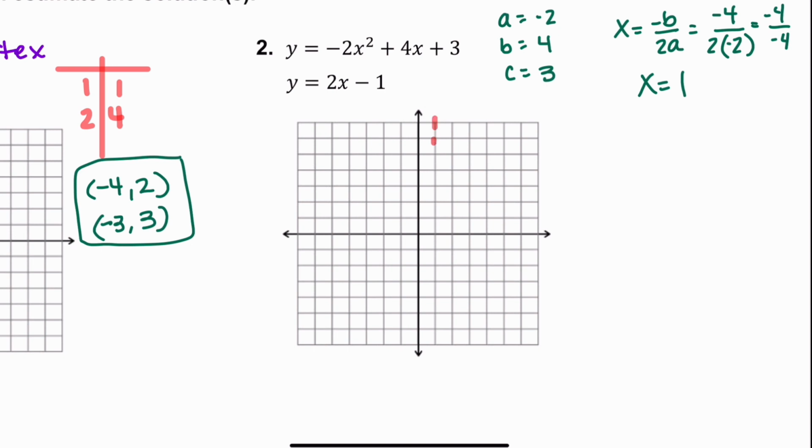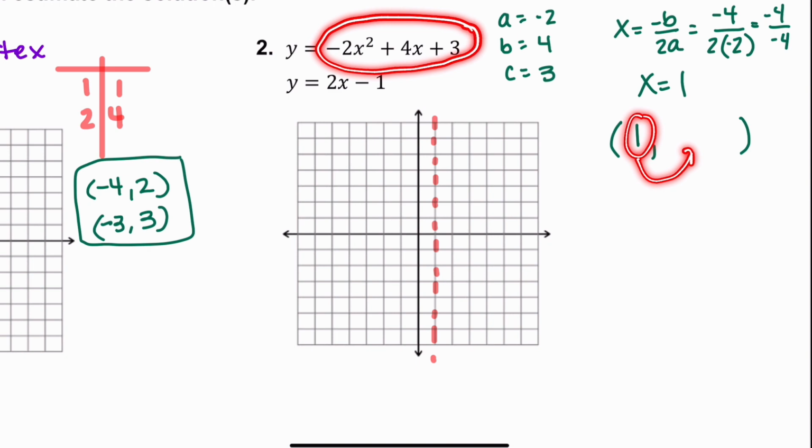I'm going to draw in the axis of symmetry. Now to find our vertex, we know that it's on that axis of symmetry, so our x has to be a 1. To find our y value, we're going to take that 1 and substitute it into the equation. The y will equal whatever we put in for x.